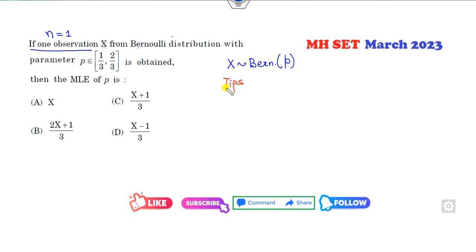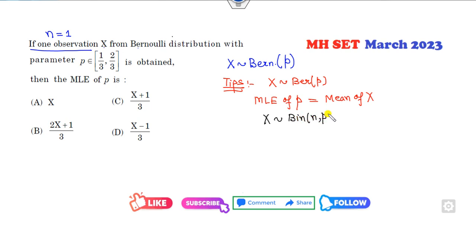So what is the tip for you? Whenever x follows the Bernoulli distribution, the MLE of p is the mean of x. Similarly, if x follows the binomial distribution with parameters n comma p, then the MLE of p is also the mean of x.